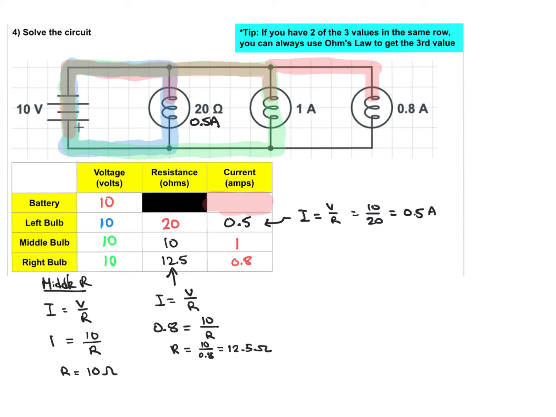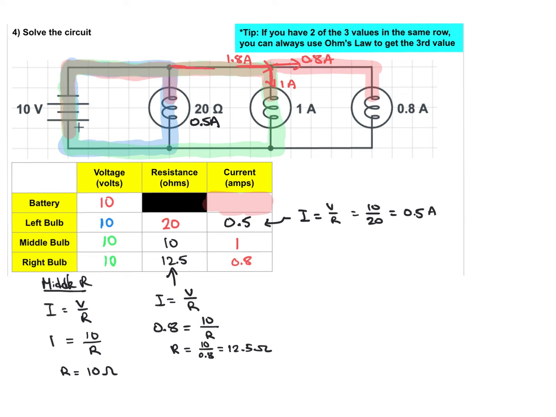So we have 0.8 coming out here and 1.0 or 1 coming down here. That means how much amps had to be going into this junction in the first place. That means there had to be a total of 1.8 amps going into that junction. Amps split up at the junctions.